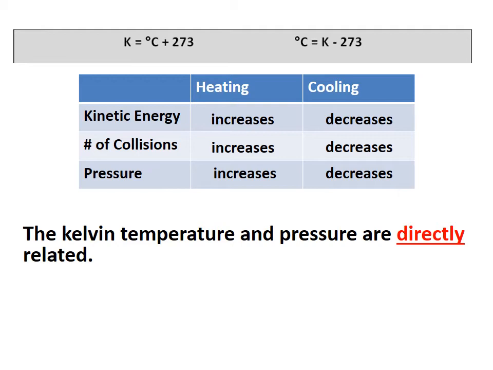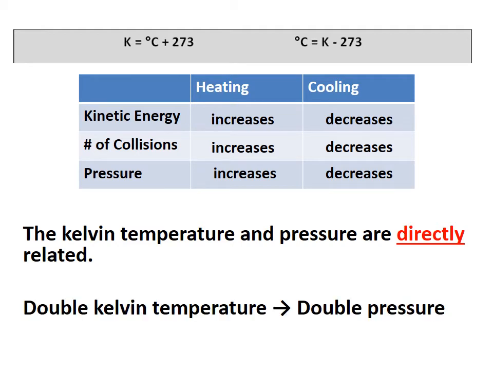That means if I increase temperature, I'm going to increase pressure. If I decrease the temperature, I'm going to decrease pressure. So that's how they are related. They are directly related. So if I double the temperature in Kelvin, then I'm going to also double the pressure.